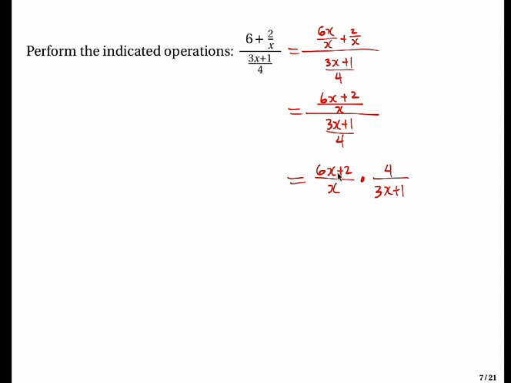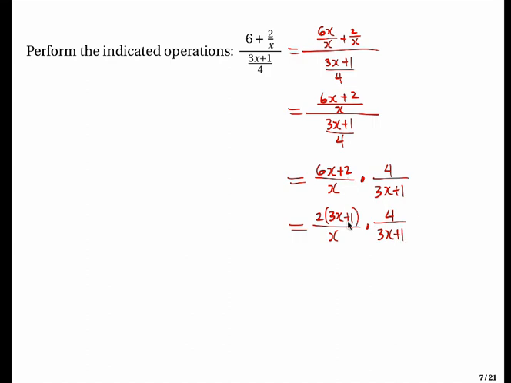And now in here, we easily see we can factor out 2 in this 6x plus 2. So factoring 2, we will have 2 times 3x plus 1 over x, and then times 4 over 3x plus 1.